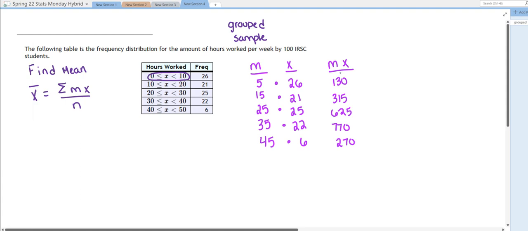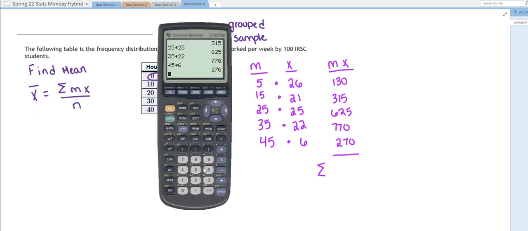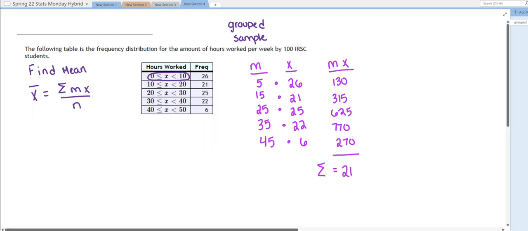Okay, so you have your midpoint times your frequency, and then you want the sum of those. So we're going to add that column together. We've got 130 plus 315 plus 625 plus 770 plus 270. That's going to give us 2,110. So our sum of mx is 2,110.